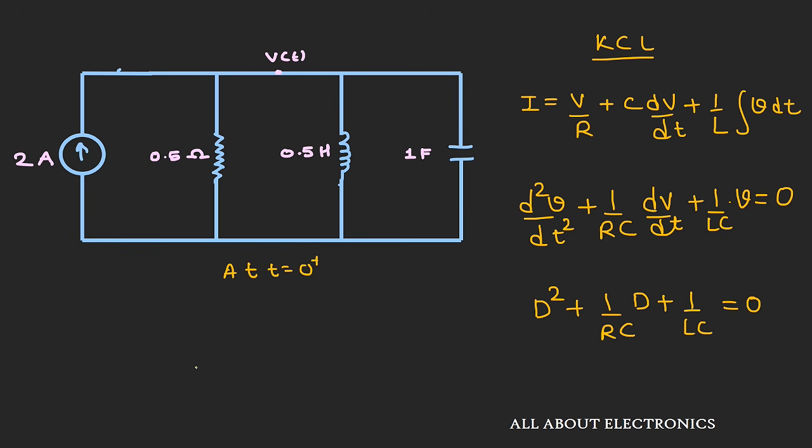Now let us put the values of R, L and C inside this equation, and we will get d square plus 2d plus 2, that is equal to 0. And if we see the solution, we will get d1 as minus 1 plus j and d2 as minus 1 minus j. So as you can see here, the roots are complex conjugate.